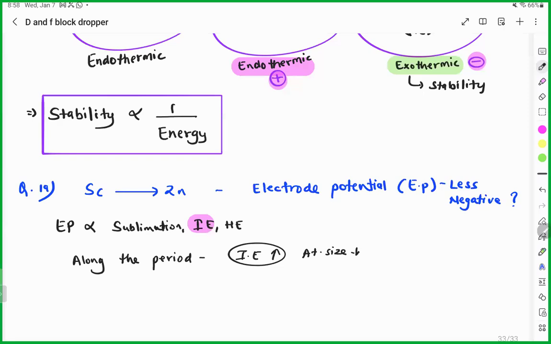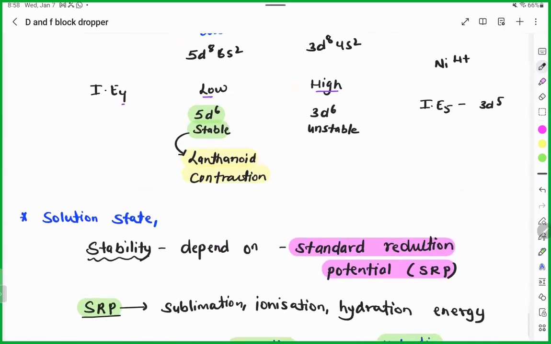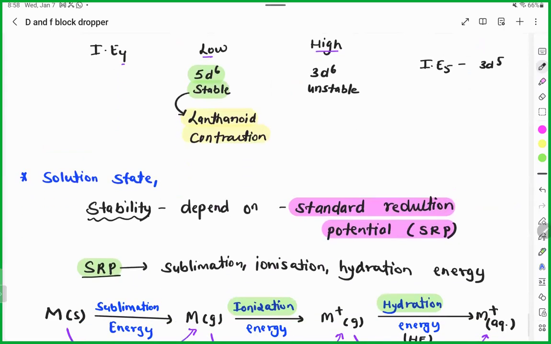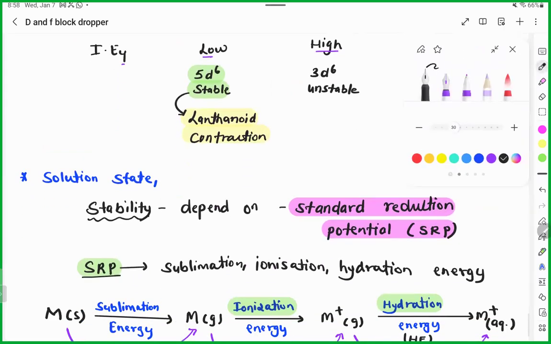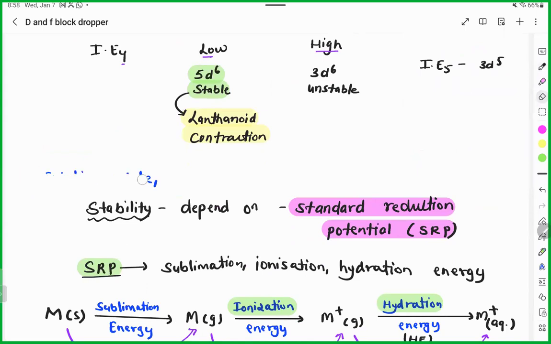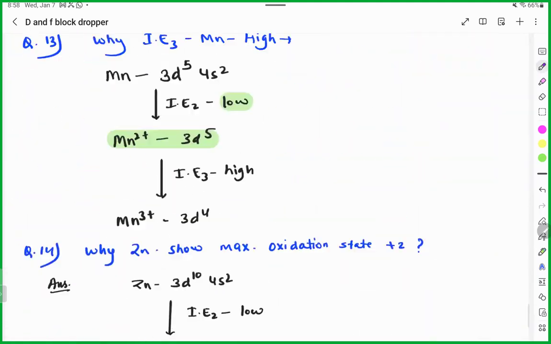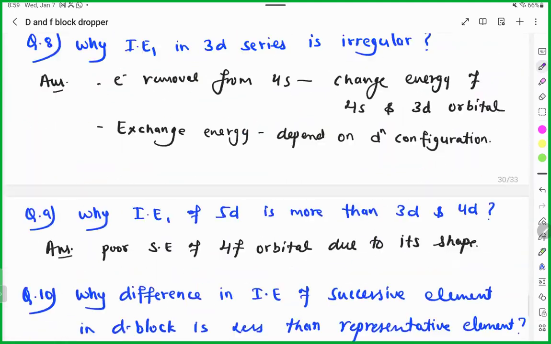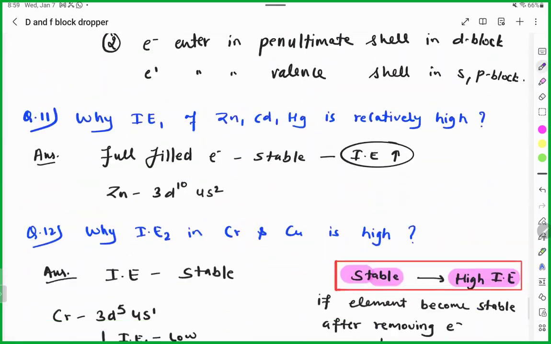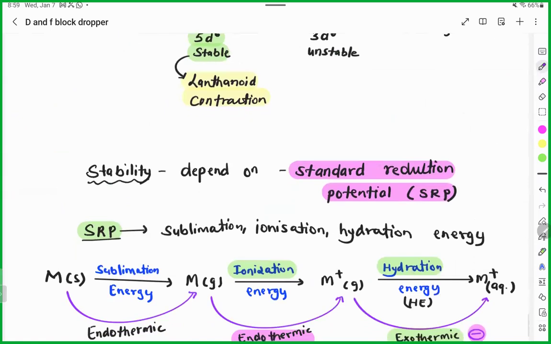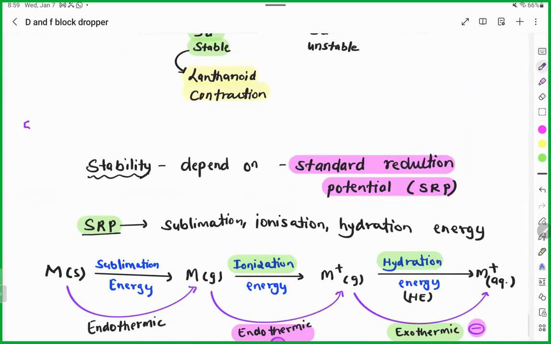Now just imagine we are talking about the electrode potential. How many topics are we done with? Ionization enthalpy, and the fifth is electrode potential.